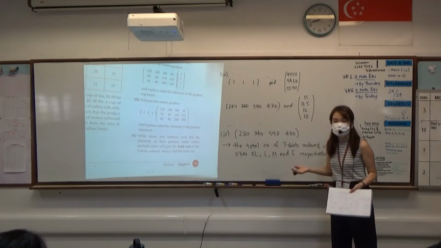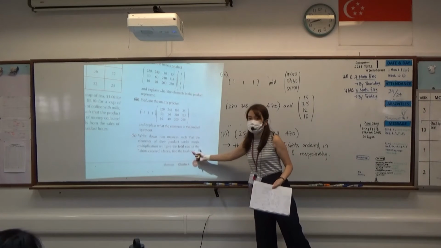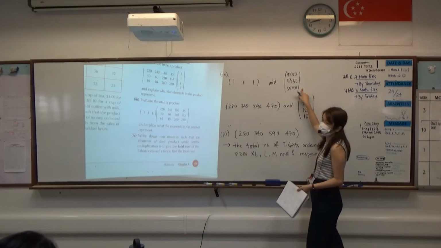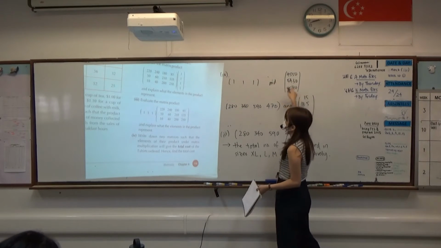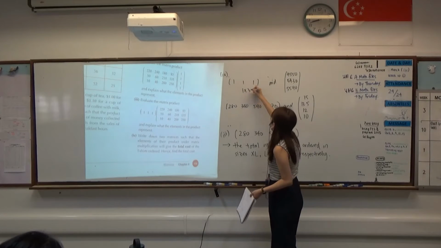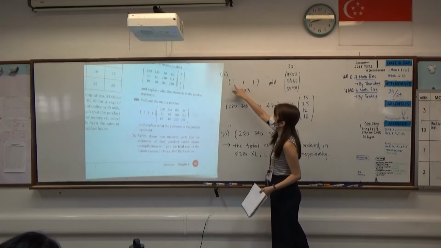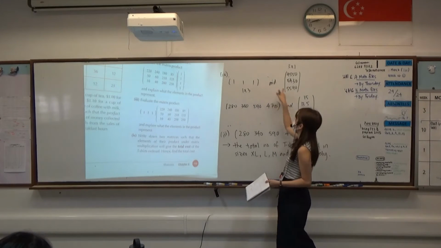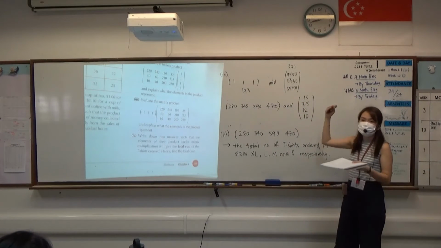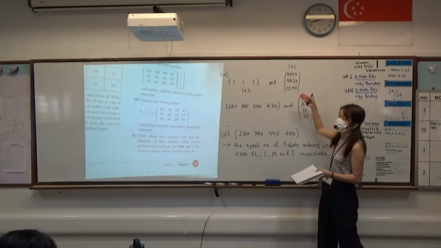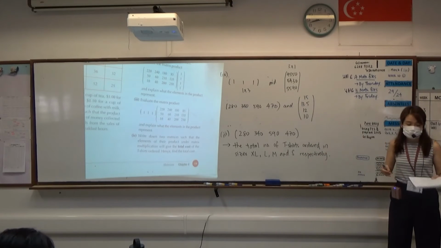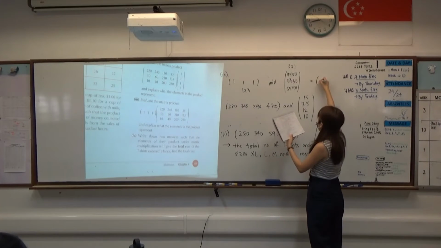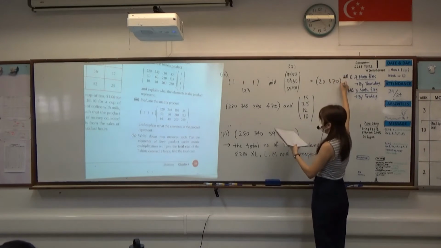So when we multiply a 1 by 3 with a 3 by 1 in this manner, we take 1 times this, plus 1 times this, plus 1 times this. That acts as a summing up of all the elements in this column matrix. And if you write it out properly, you should get 20570.